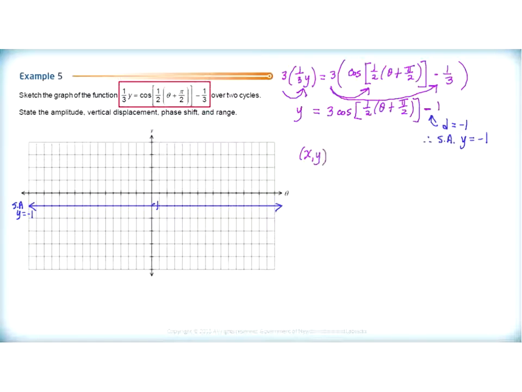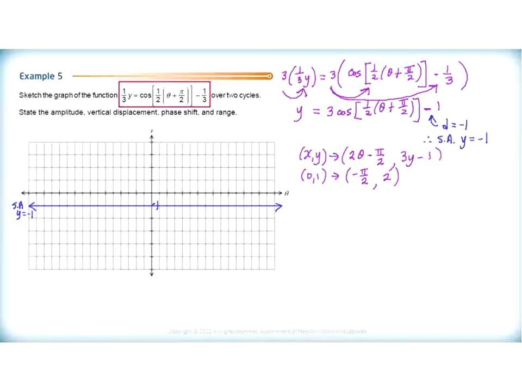So we will have x, y get mapped onto, the reciprocal of 1/2 is 2, so we have 2 theta minus pi over 2, and we will have 3y minus 1. The key points from the base graph of cosine, we begin with the point 0, 1. 2 times 0 minus pi over 2 is at -pi over 2, and 3 times 1 minus 1 is equal to 2.